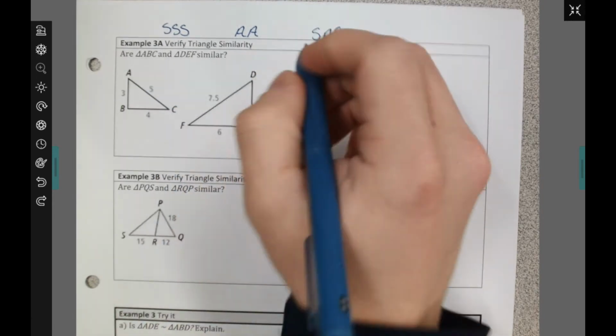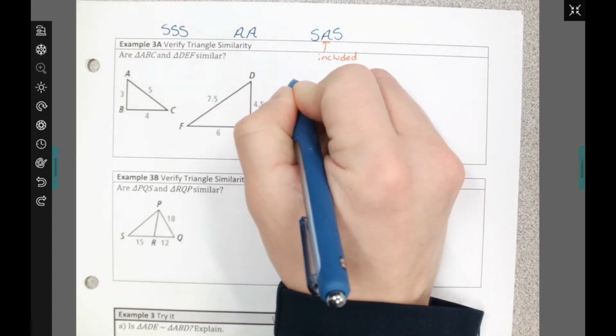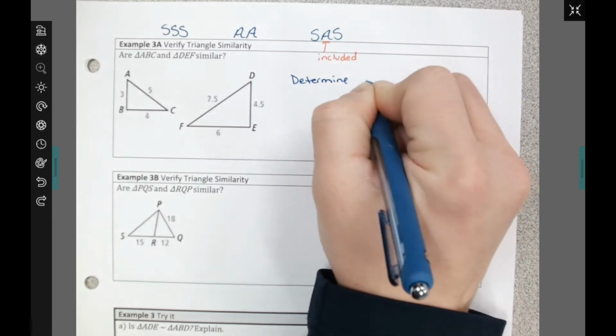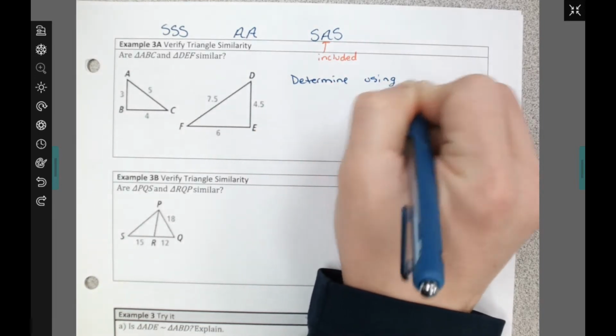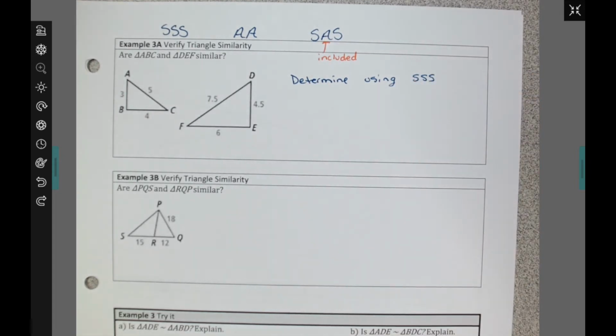So in order to determine if these are similar or not, we have to determine using side, side, side. That is the only way we'd be able to show whether or not these triangles are similar, because that's the only information they gave us.